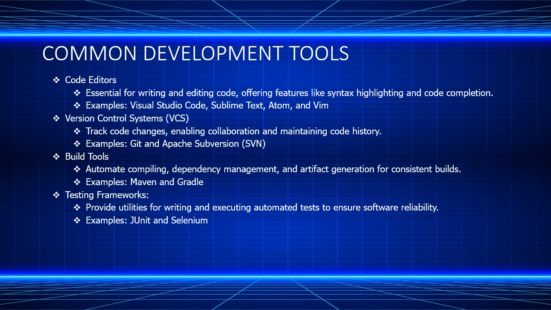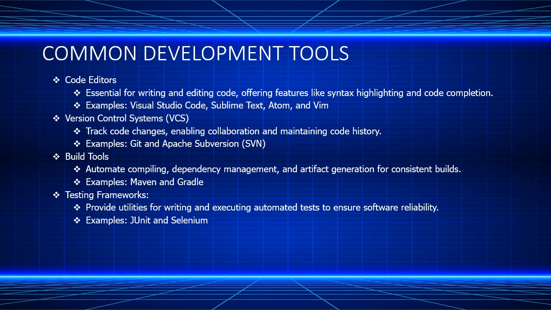Testing frameworks. Guardians of quality, testing frameworks stand as sentinels, ensuring the sanctity and reliability of software through automated tests. JUnit and Selenium lead the charge, empowering developers to craft robust unit tests and automate browser interactions.